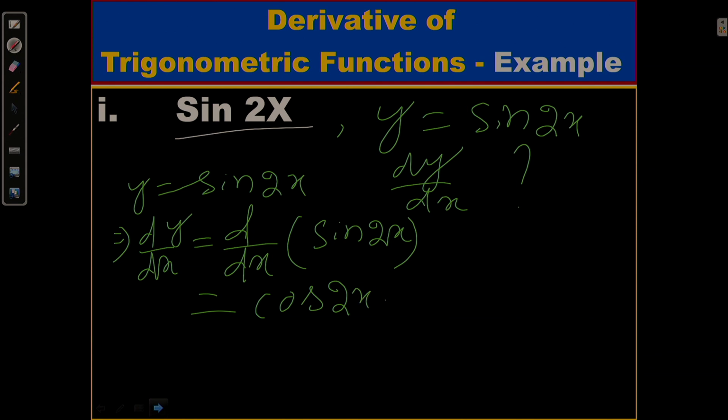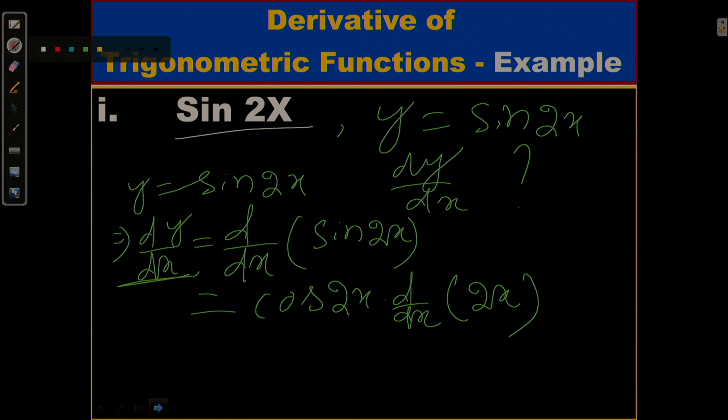and d of dx of 2x, because we are going to find out the derivative with respect to x. That is very important, because the with respect to part is very important. If you do not understand the with respect to part, then it is quite difficult to find the derivative of composite functions.